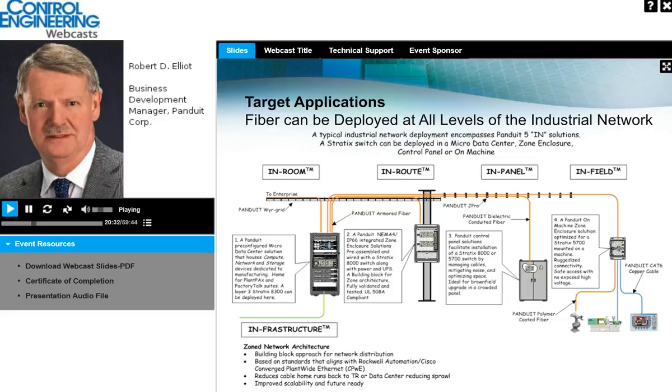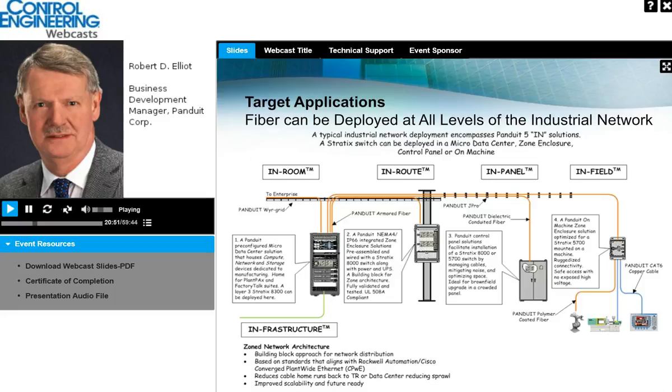Armored cabling then goes to that zone enclosure. We can use dielectric conduited fiber in those areas where we don't have adequate protection provided for the optical fiber.